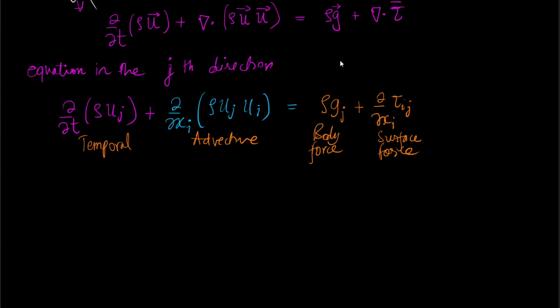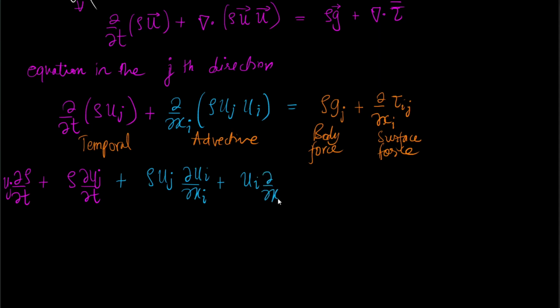So let us simplify this further in the jth direction. If this is true, then we can split the first term as del rho del t uj plus rho del uj del t. The second term can be written as plus rho uj del ui del xi plus ui del xi of rho uj.